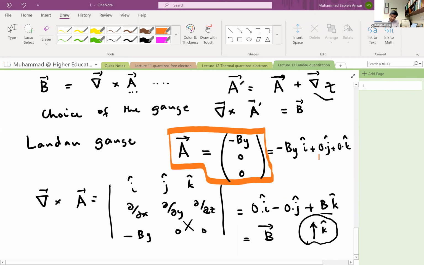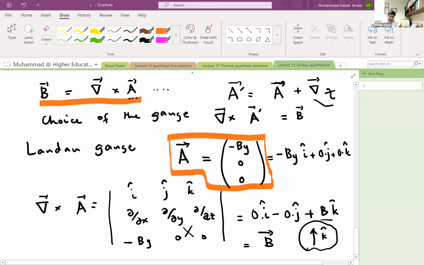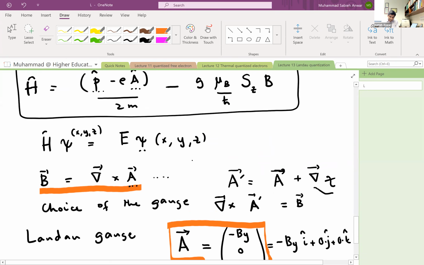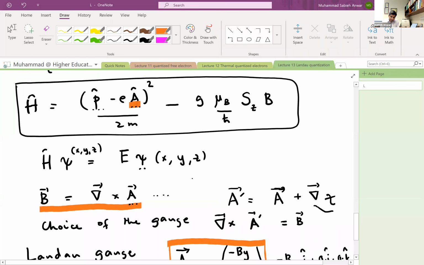Okay. So this choice of gauge works because if I take the curl of this vector potential, I will get the correct magnetic field. Now my A just has an x component, and this is a vector here, and I'm taking the modulus square of this vector. And P has components.